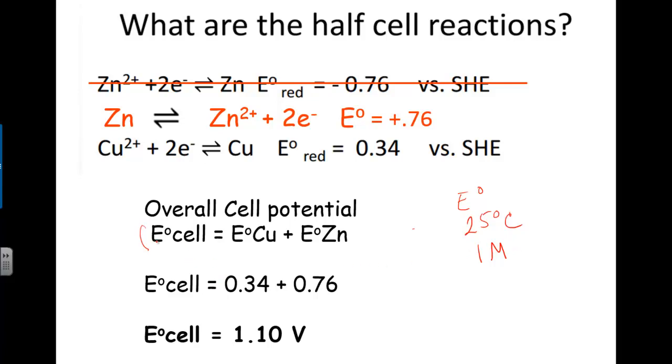Okay, so if we have those standard conditions, 25 degrees C, and we have 1 molar solutions of the aqueous compounds, then these are the E naught of the cell. And so this cell with zinc and copper will have an overall voltage of 1.1 volts.